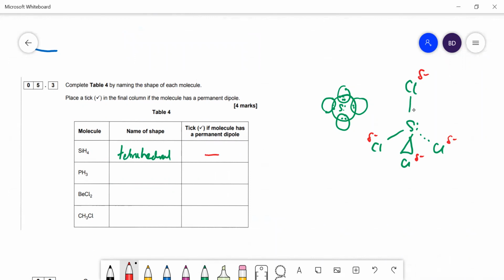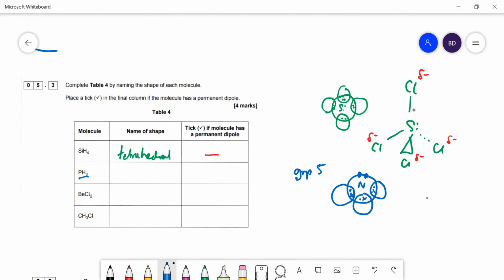PH3. Well, P is in group 5, very similar to nitrogen, which is in group 5. This is like NH3 really, isn't it? Phosphorus has 5 electrons, so we've got 3 bonding pairs. You've used up 3 of the electrons in the outer shell, and you're going to have a lone pair. So that means that molecule is going to be pyramidal.